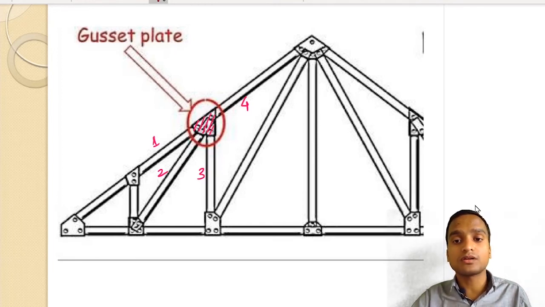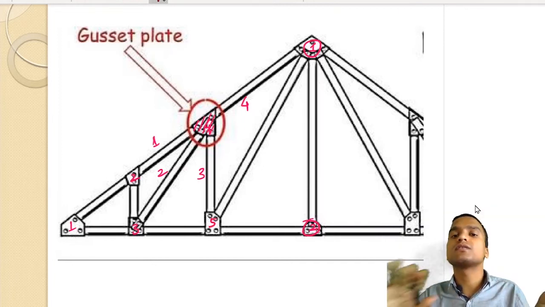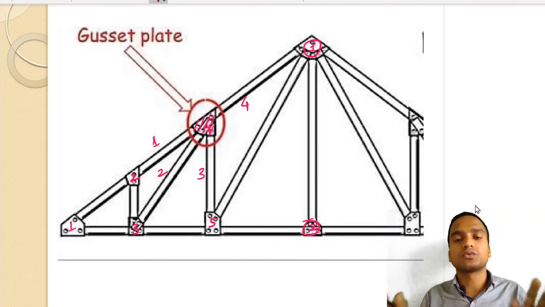Similarly, you can count how many gusset plates are there on this truss. You can see this one is the topmost gusset plate, 1, 2. Okay, now on each side there are equal number of gusset plates, and we can count it has 1, 2, 3, 4, 5. So 5 on left, 5 on right, total is 10, and 2 on the mid.